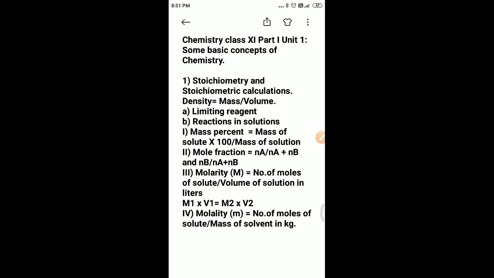This reaction we can also tell like this: 1 molecule of CH4 reacts with 2 molecules of O2 to give 1 molecule of carbon dioxide and 2 molecules of water. I hope you are understanding. The first step we are taking as mole, and the second step as molecule.